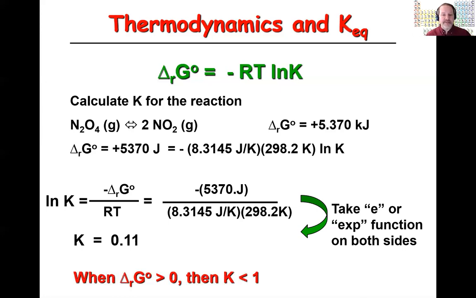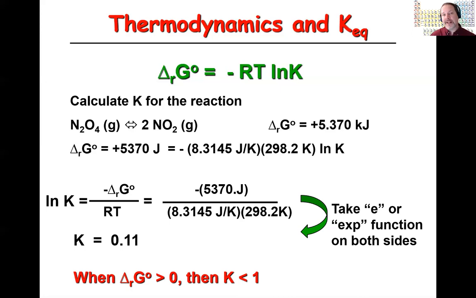So notice here that we have a delta G that's positive, and that gave us a number for K. Yes, it's positive, but for K's, we really want to think about how those numbers relate to 1. Because if it's greater than 1, we said it was product favored. If it's less than 1, it is reactant favored.